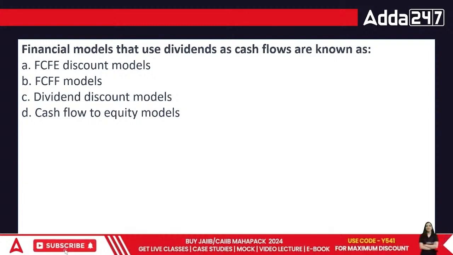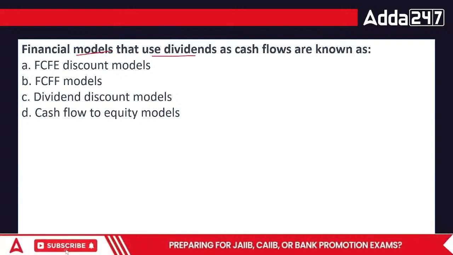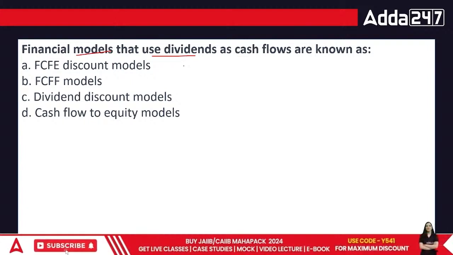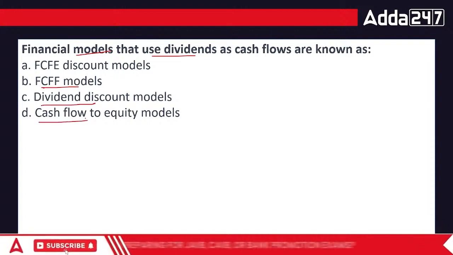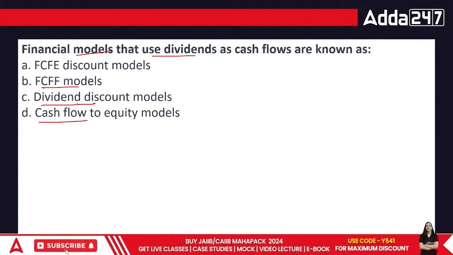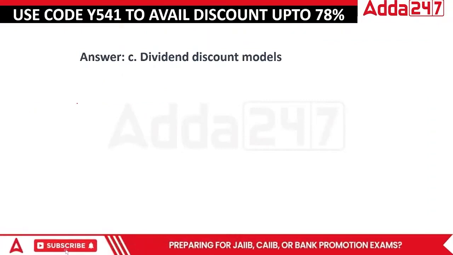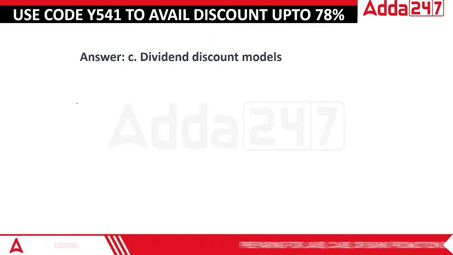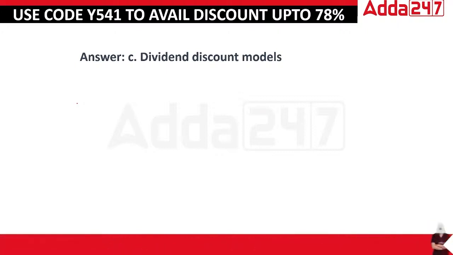Now look at this question. The financial models that use dividends are known as the FCFE discount model, FCFF model, dividend discount model, or cash flows to equity model. Dividends are given to the equity, so technically this is the dividend discount model. What is the portion of dividend that people are going to receive over the period of time?